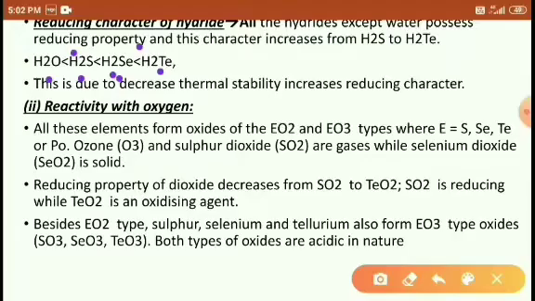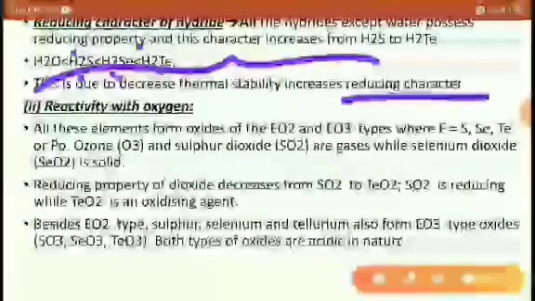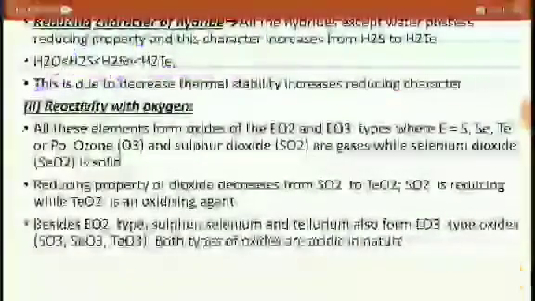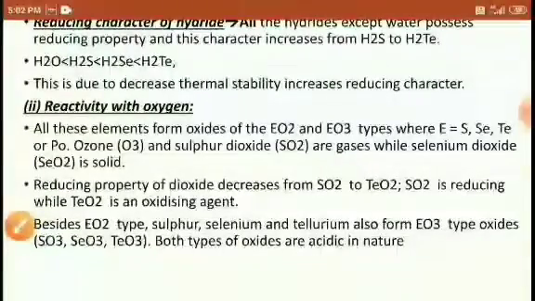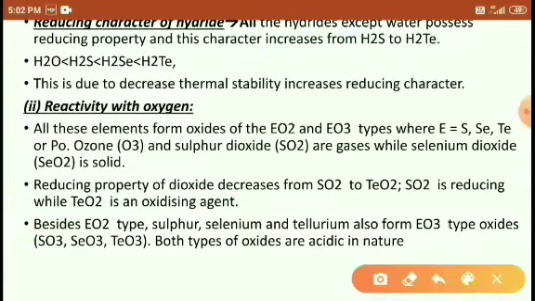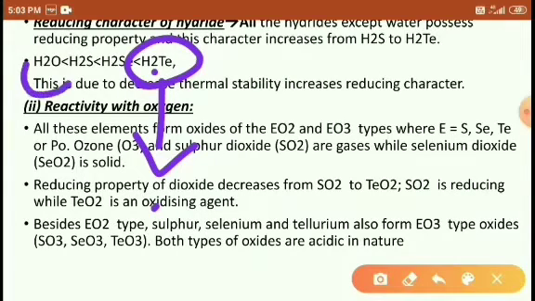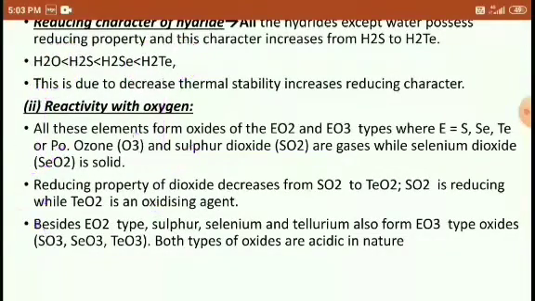So as thermal stability decreases, the reducing property increases. Here the thermal stability is less, so at lower temperature hydrogen is dissociated from tellurium, so it has more reducing property. At high temperature it releases the hydrogen, so it has high thermal stability and less reducing property. Right students?